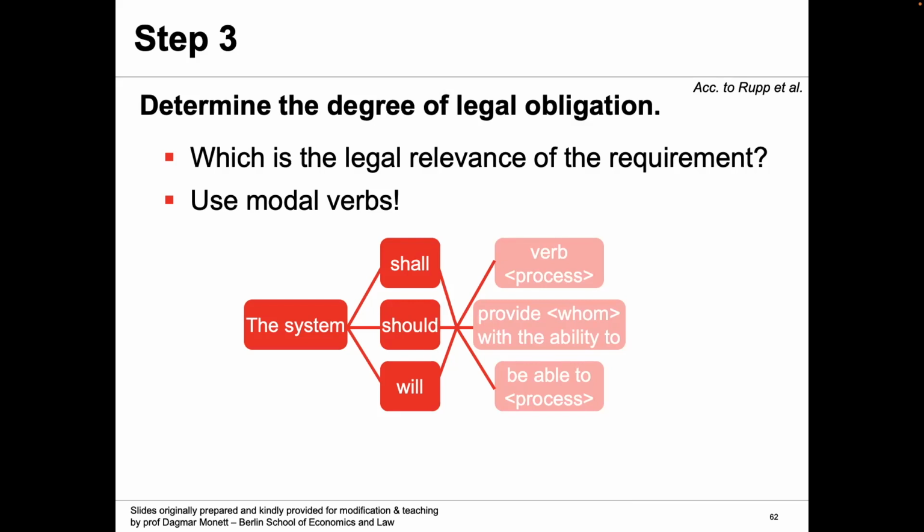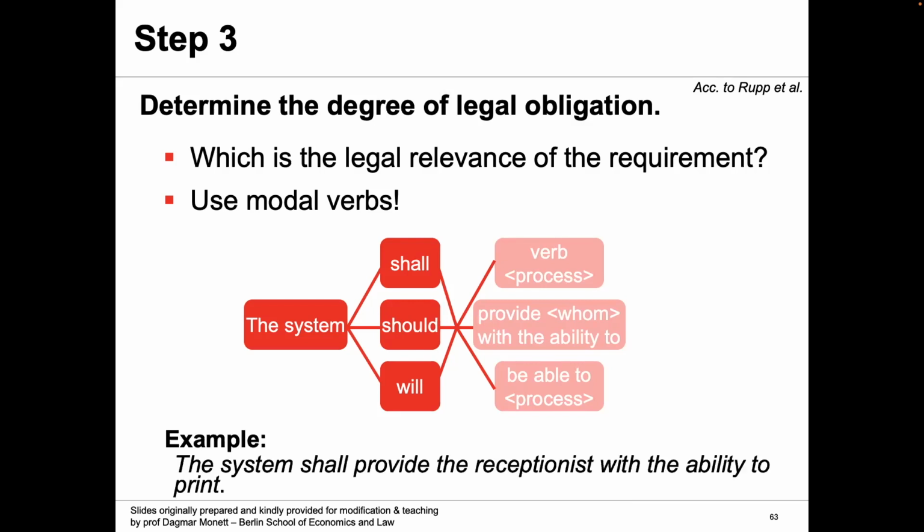So the use of modal verbs like shall, should, and will can bind you in a sort of legal obligation. For example, the system shall provide the receptionist with the ability to print. Now, shall here is a very strong word. It means that the functionality must be there in the system.